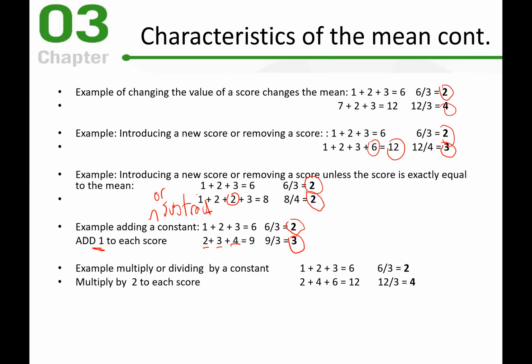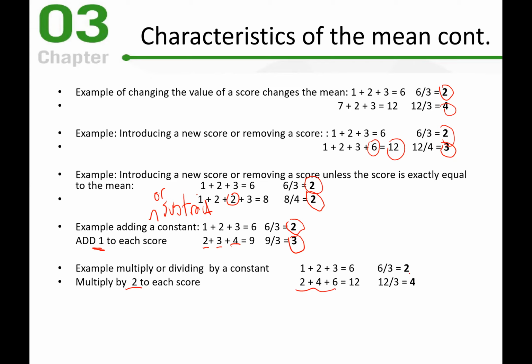Okay, but now if we are multiplying or dividing by a constant, so let's say we multiplied each score by 2. So that's our constant. So our scores were 1, 2, and 3. But now it's 1 times 2 gives us 2, 2 times 2 gives us 4, 3 times 2 gives us 6. So these are the new scores.